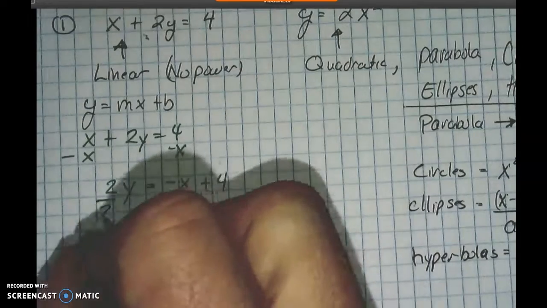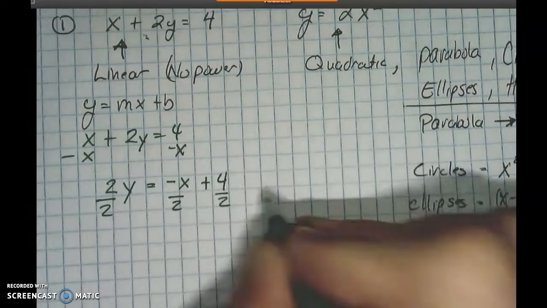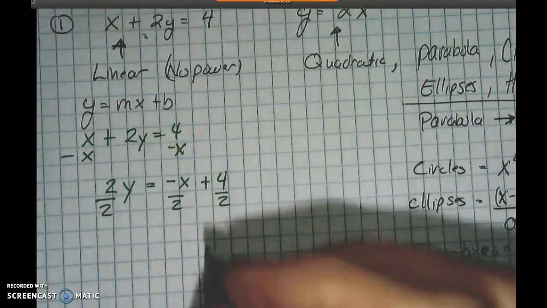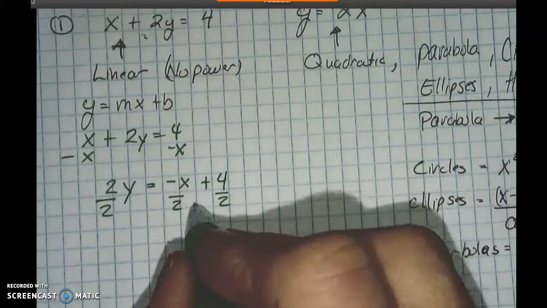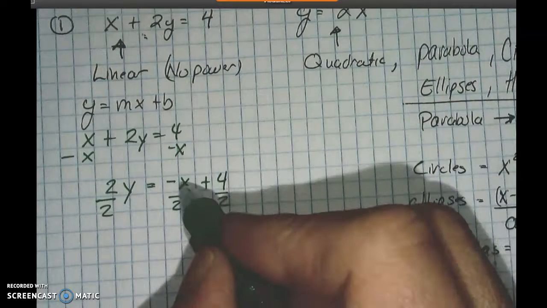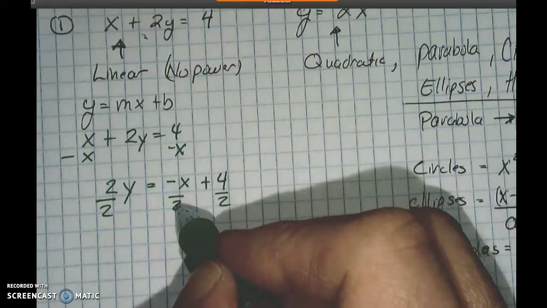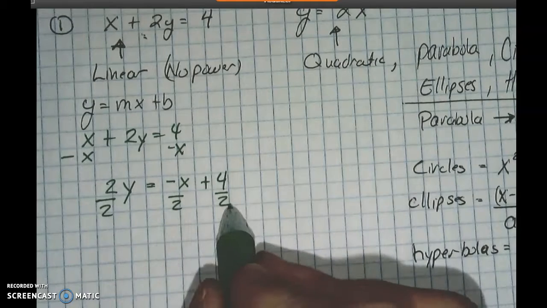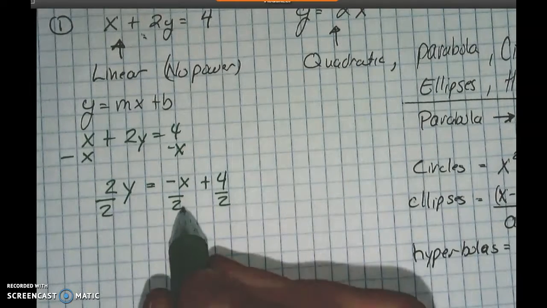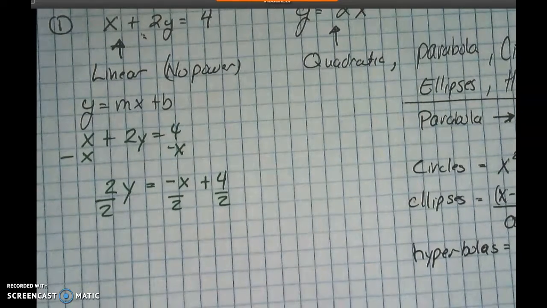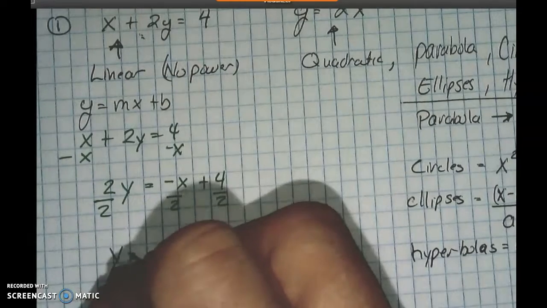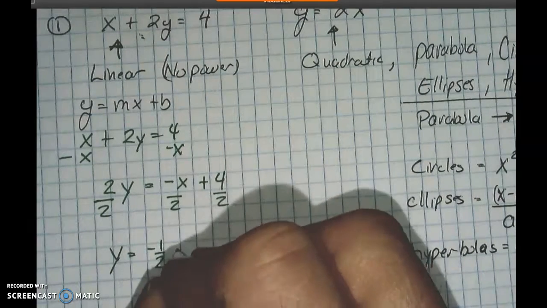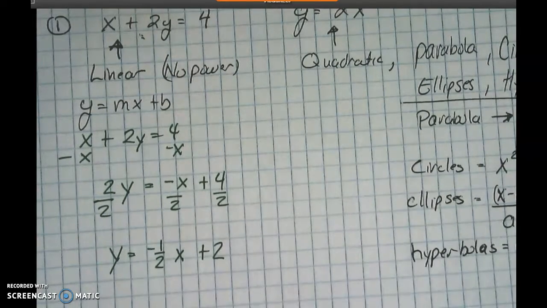And then I'm going to divide by 2 to each term. Now, the biggest mistake is that somebody will just draw a big line here and hit divide by 2, and they'll forget to divide the x by 2, right? So if you break it up like this, then you're going to remember that each term is divided by 2, okay? So then you're going to have y is equal to negative 1/2 x plus 2, okay?